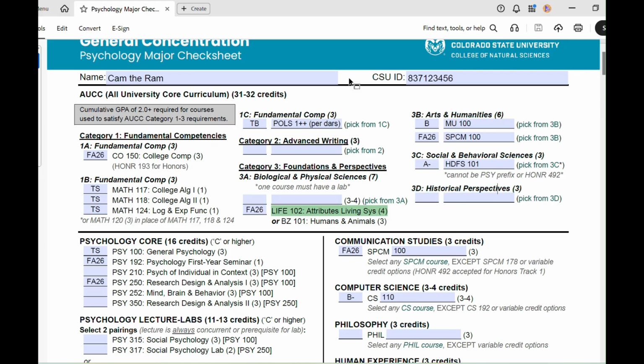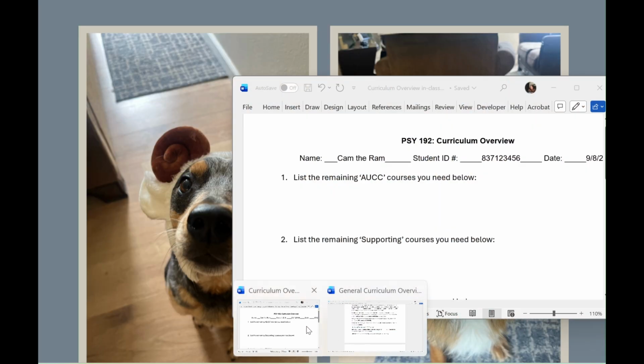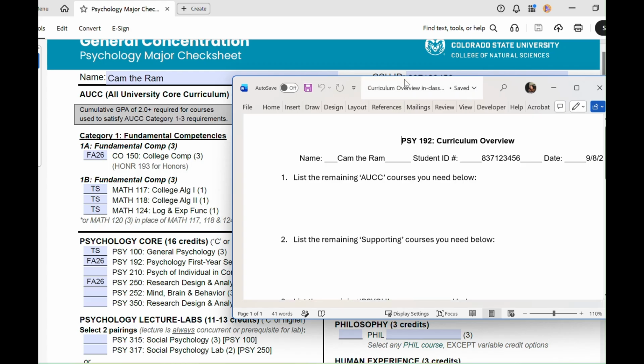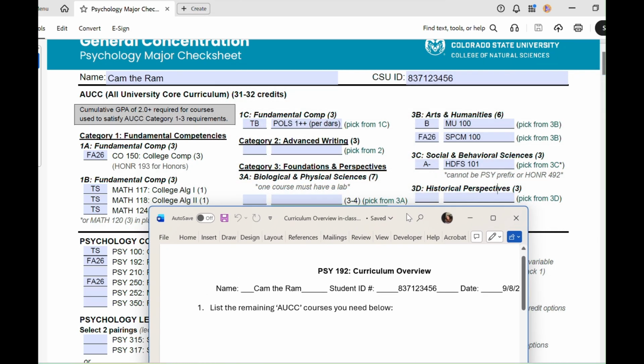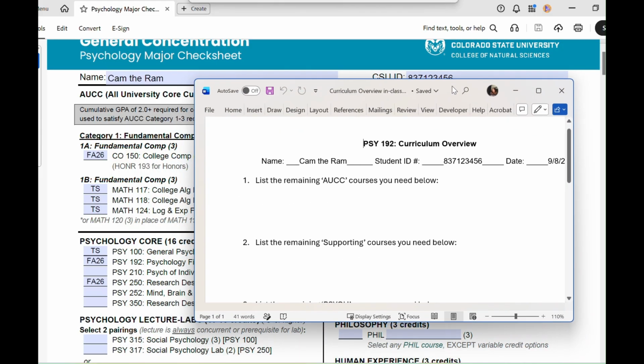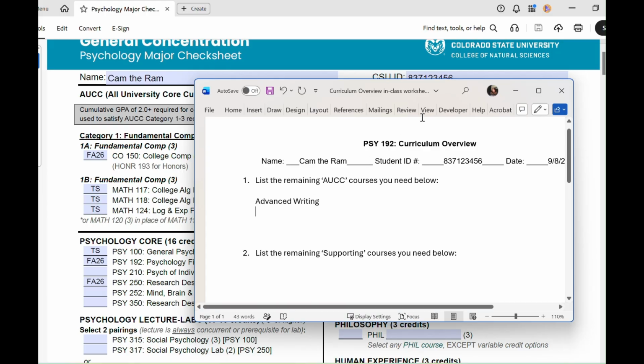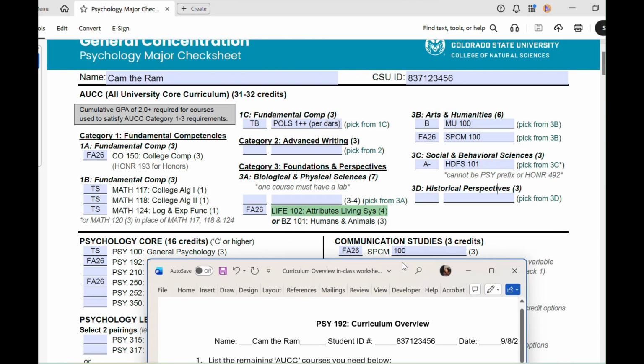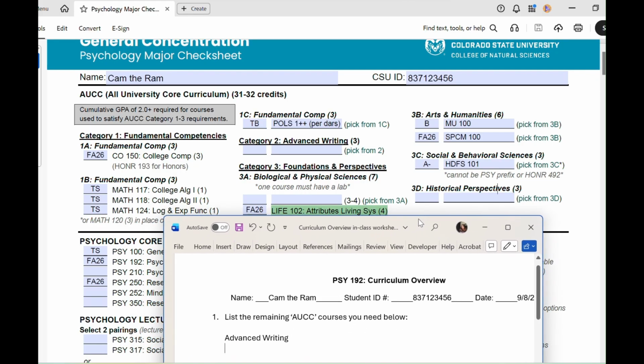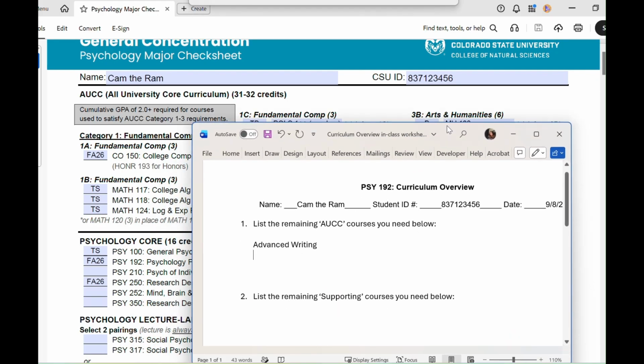Identifying remaining AUCC courses. Now we will take a moment to identify the remaining AUCC courses that Cam the Ram needs to meet graduation requirements. Cam still needs, let's see, advanced writing, which we will type here, science without a lab, so that's AUCC 3A.